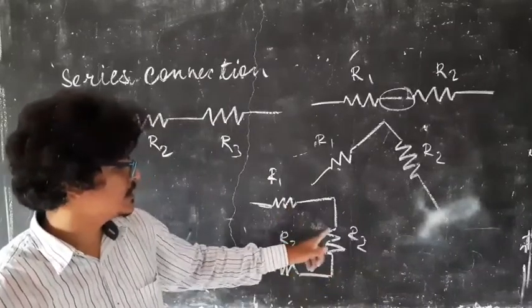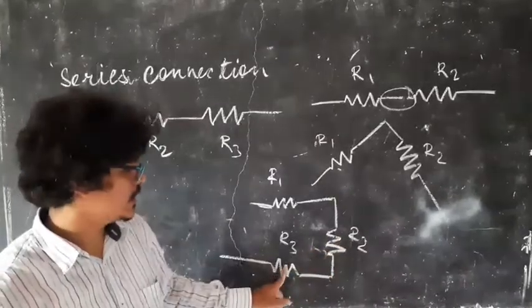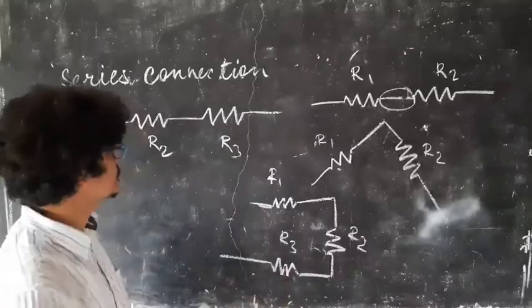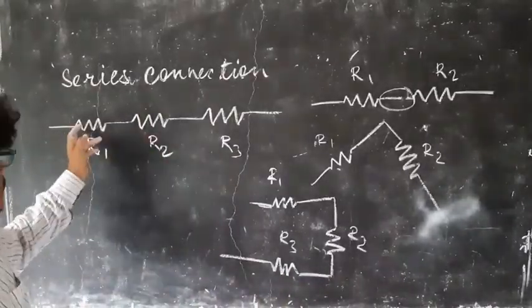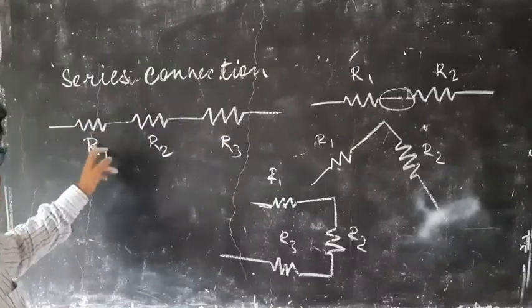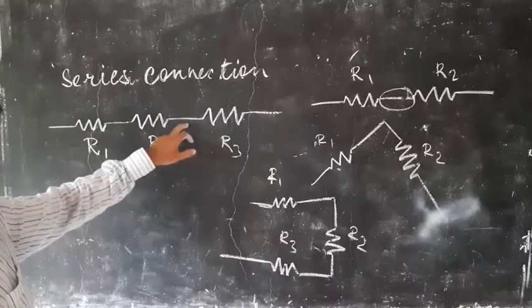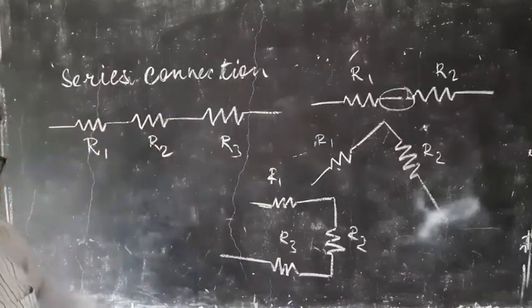That means R1 is in series with R2 and R2 is in series with R3, so all three are in series.